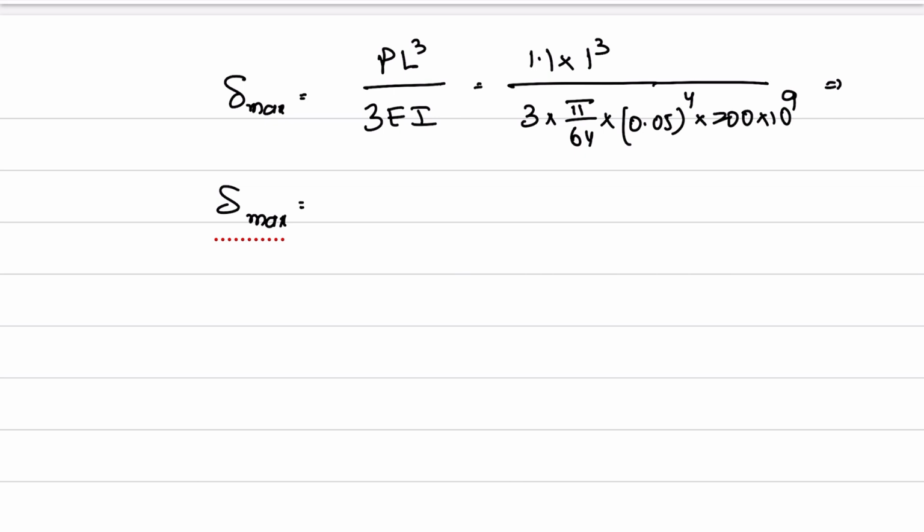Please see the calculations. If I made any mistake, please say that it's a mistake. It's a 5.98 into 10 to the power of minus 6 meters. That is equal to approximately 6 micrometers.